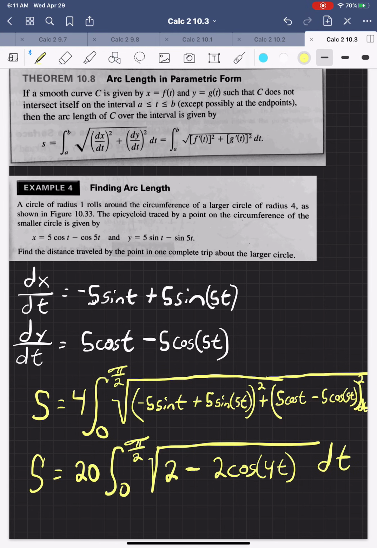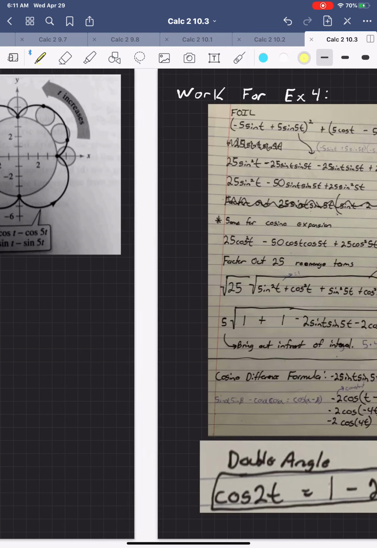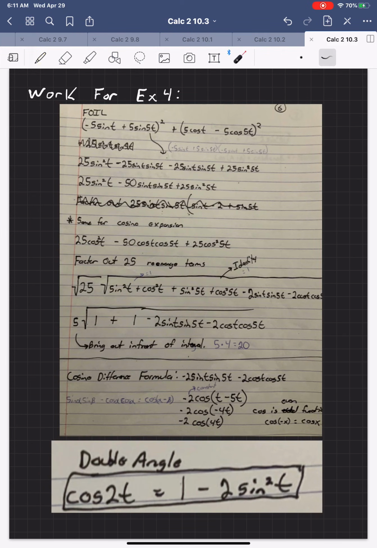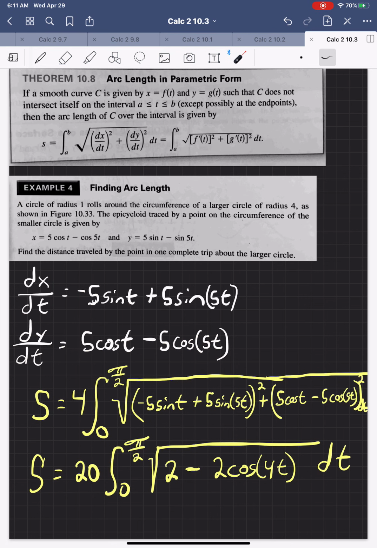Again, that's still pretty nasty to integrate, but you could go a little bit farther with that, because this is a double angle formula: cosine of 2t is equal to 1 minus 2 sine squared of t, but we have cosine of 4t, so you end up with a product there.